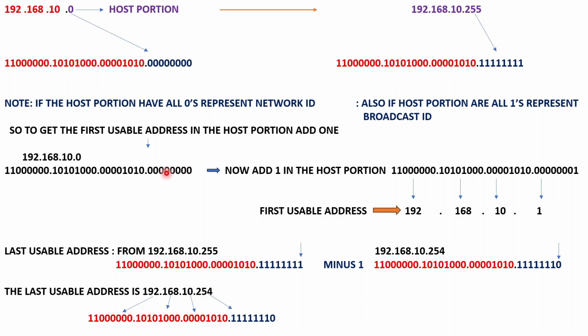It is very simple. You add only 1 here. So looking here, you add 1 in the host portion. So it is going to be like this: 110000... These do not change, because these first 24 bits represent the network portion, so they remain the same. So looking carefully, the addresses here and here are the same, but this last fourth octet, which is in the host portion, has changed; it now has a 1.